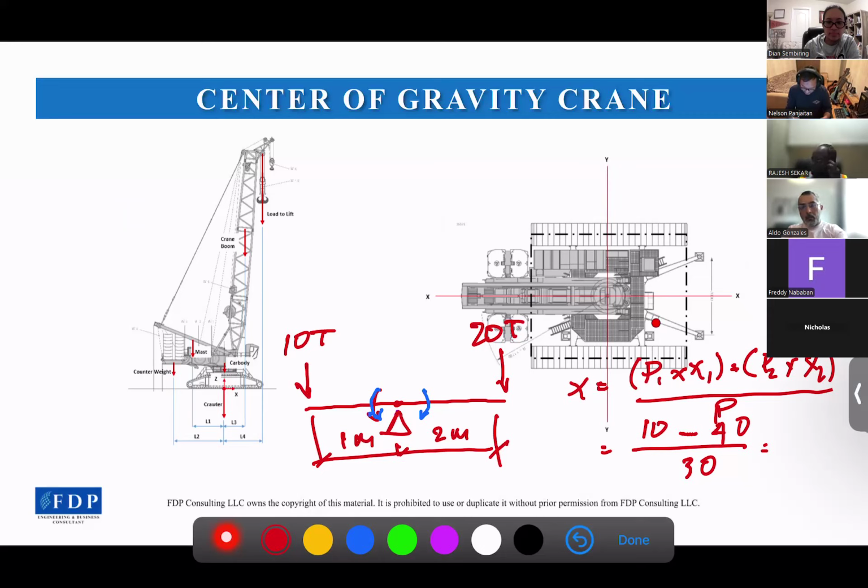Then we get X is minus 1 meter, correct?